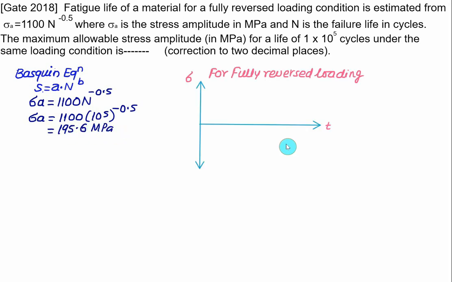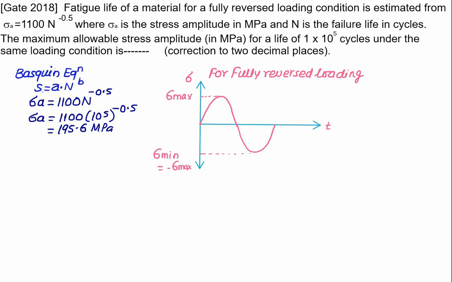We know that for fully reverse loading, the cycle will start from 0, will attain a maximum value equal to sigma max, then attain a value of 0, then attain the value of sigma minimum, and finally will attain a value equal to 0, and this cycle is repeated. So this value corresponds to the maximum stress, and the lower value will be equal to sigma minimum, and in this case sigma minimum is same as the negative value of sigma maximum.